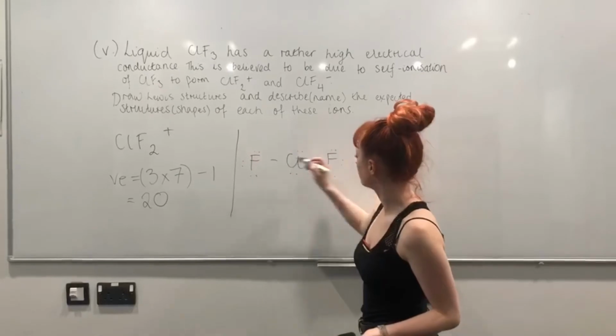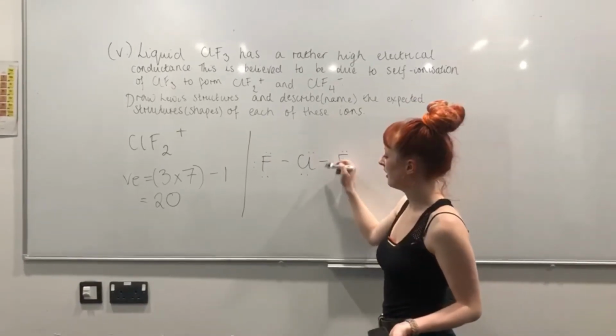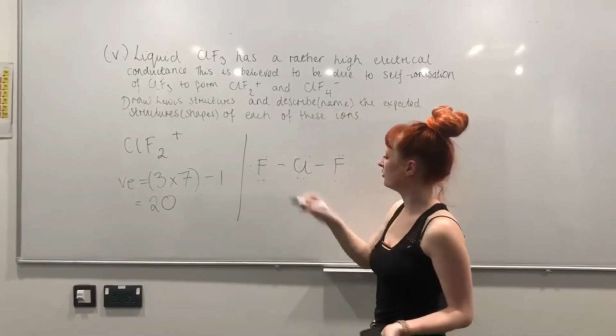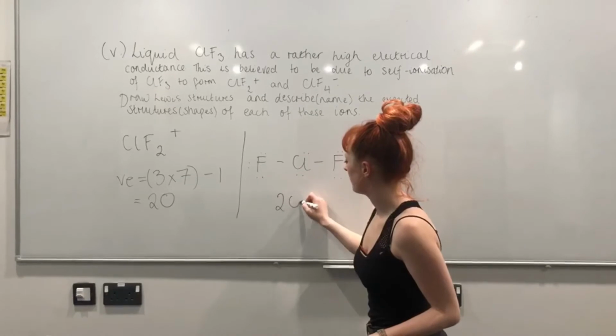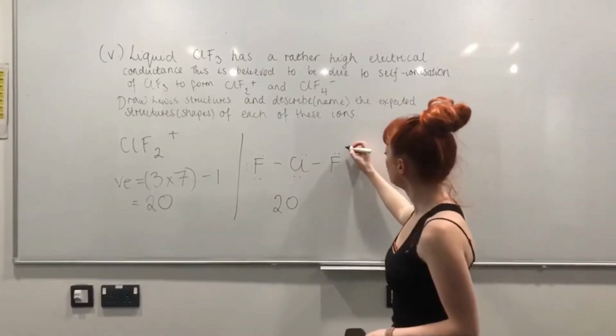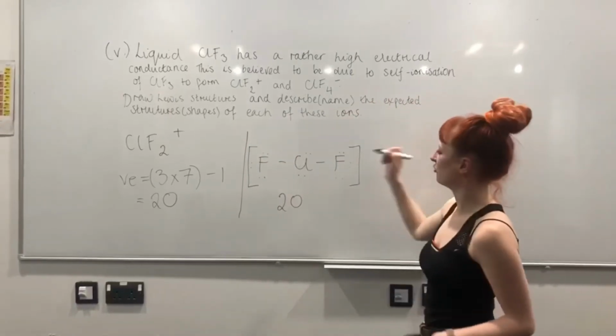And so you have 6 here, 6 here is 12, 4 more electrons here, which is 16, and then 2 electrons each from the bonding pair, so that adds to 20. And you can see that's the correct amount, so that's the Lewis structure done, apart from you have to take note of the charge.